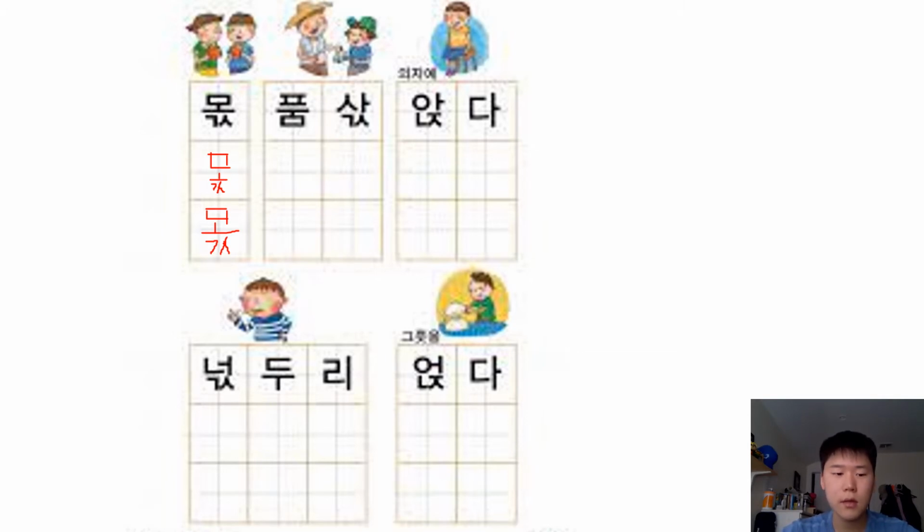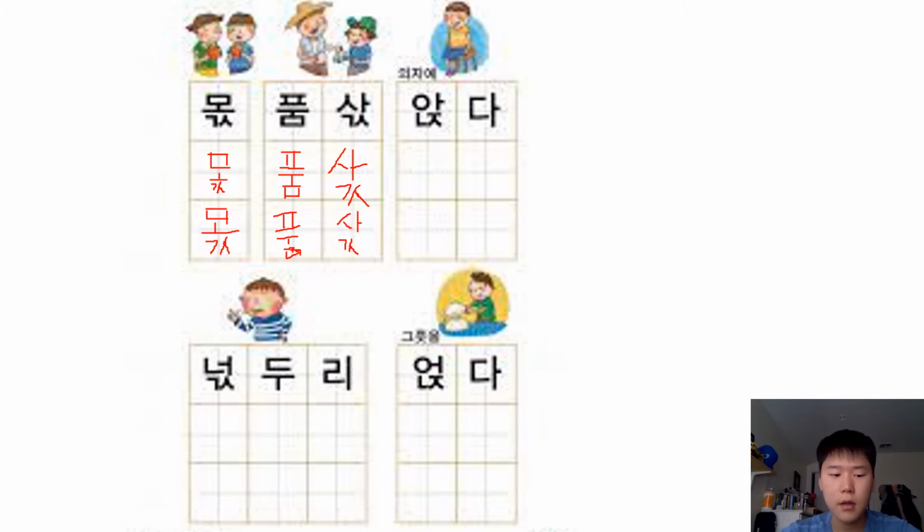So let's try writing 품삯. Okay. And then another time, 피읍, 우, and then 시옷, 아, 기역, and 시옷 again.